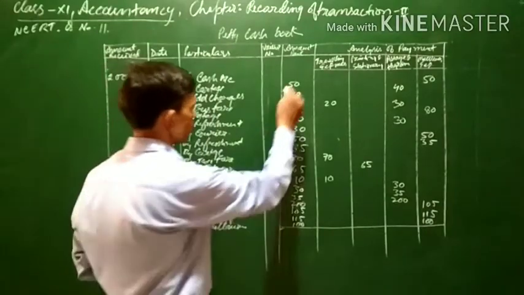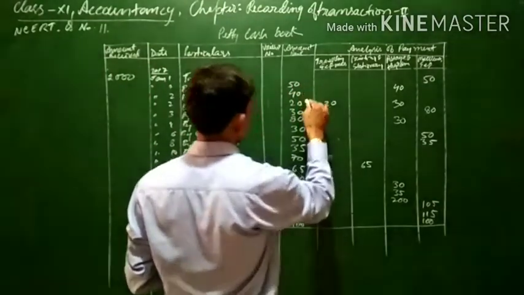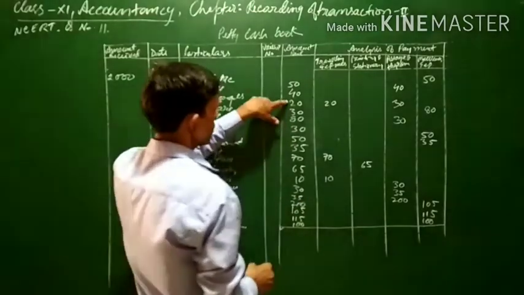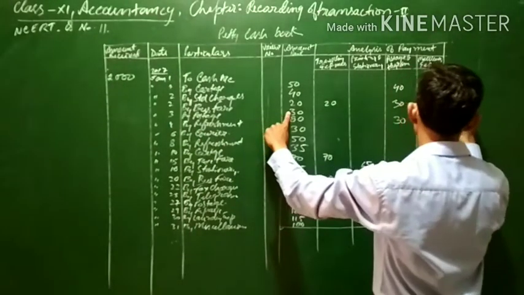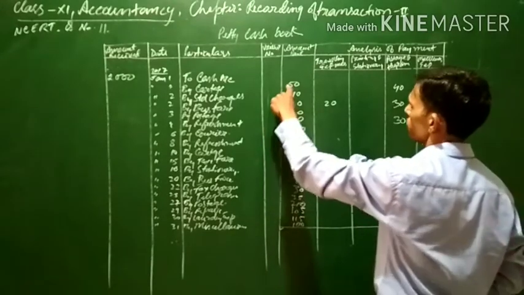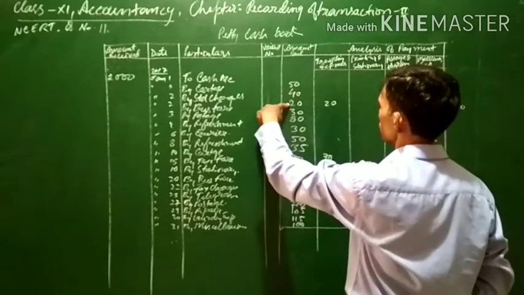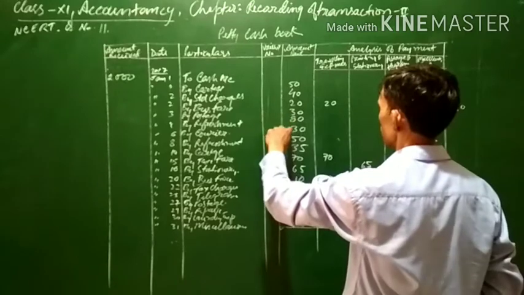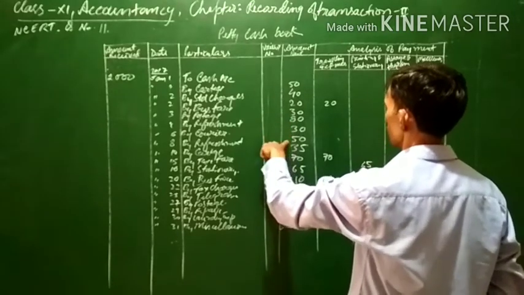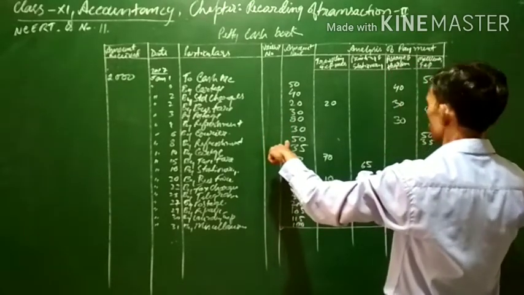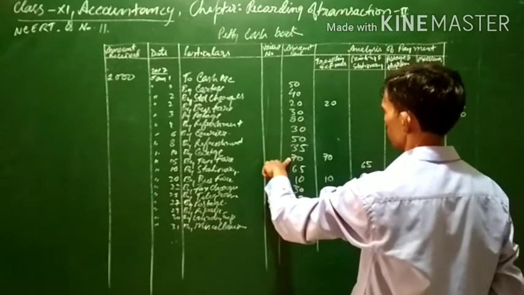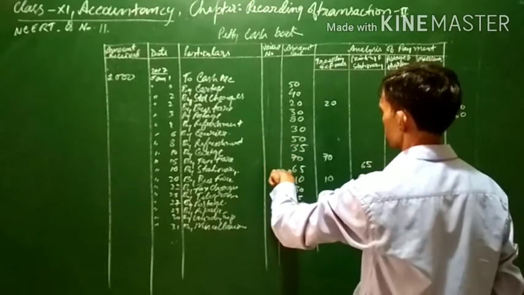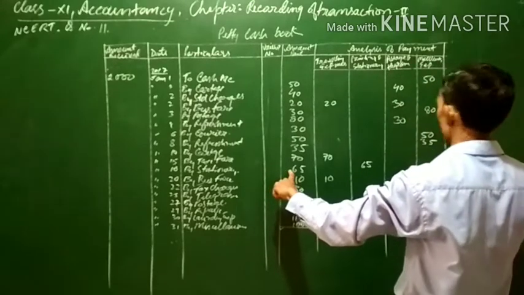Let us find out the total first of all. This is 90 plus 20, 110 plus 30, it will come to 140. 8 plus 3, 110 plus 160, 160. Now 160 plus 170, 170.